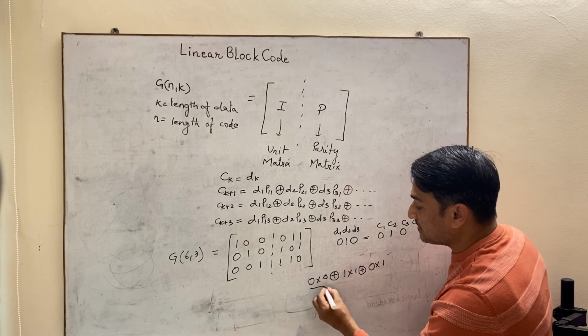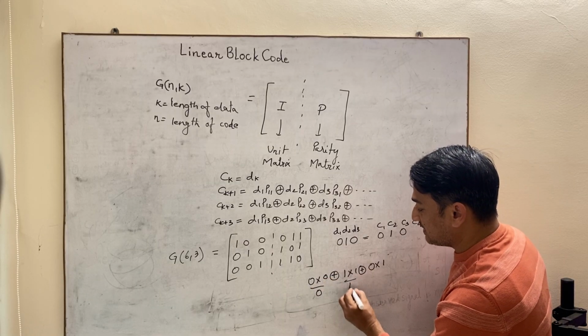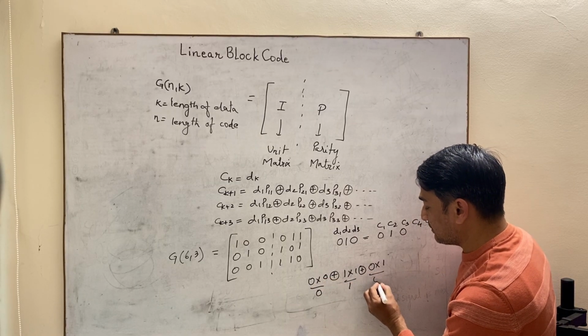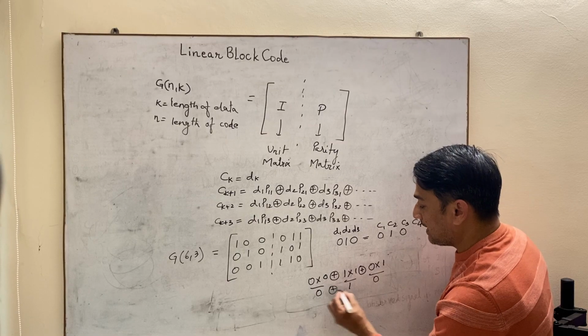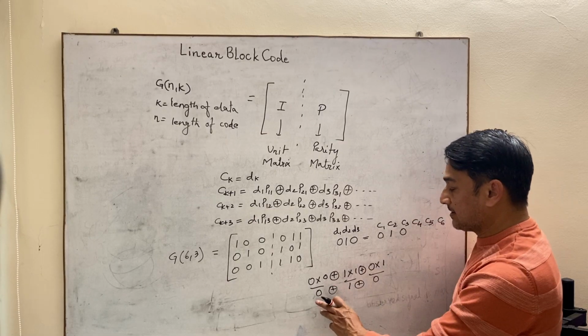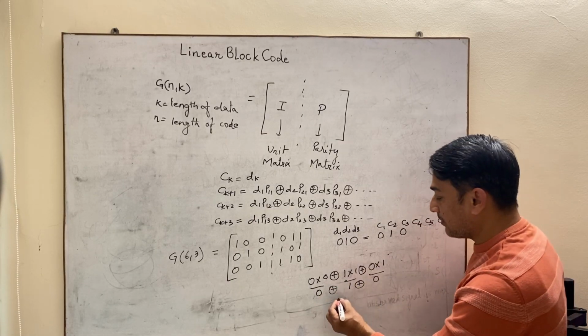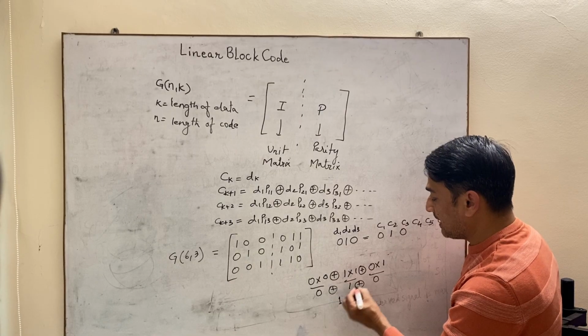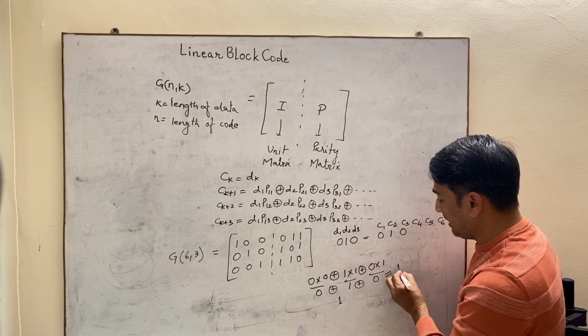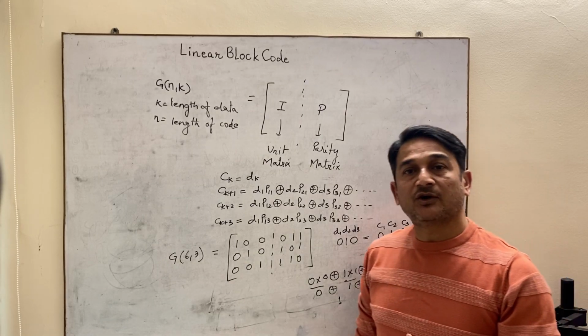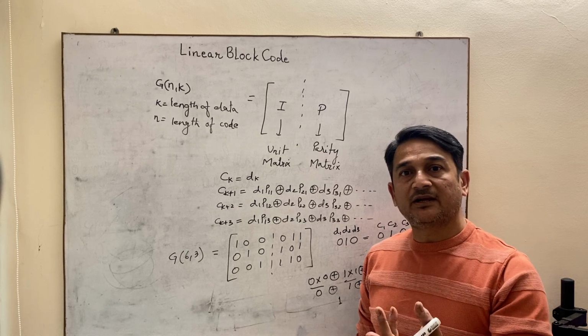So 0 into 0 is 0, 1 into 1 is 1, and 0 into 1 is also 0. Now you are XORing the results. So 0 XOR 1 is what? 1, and then 1 XOR 0 is what? 1.